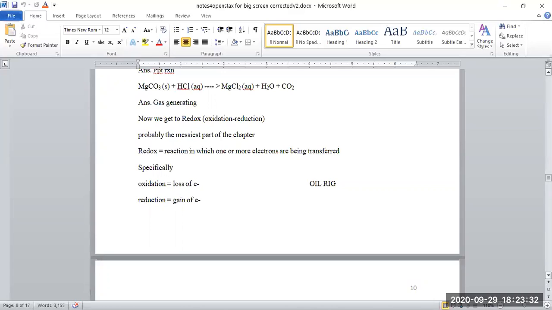So brain tricks, oil rig. Oxidation is loss, reduction is gain, which sounds weirdly backwards because your brain kind of goes, but isn't reduction getting littler? But the thing that you are gaining is negative. So here on my desk, I have a box that I throw all my mail into, all my bills.